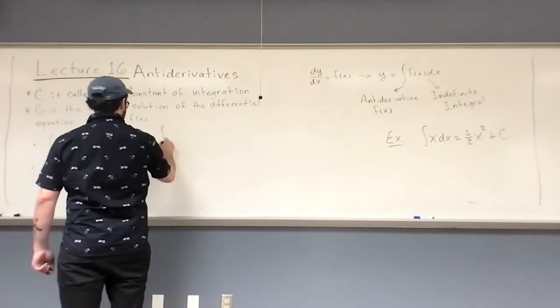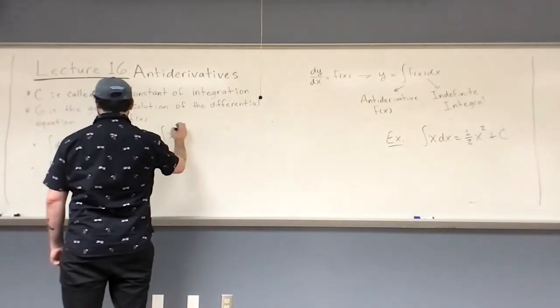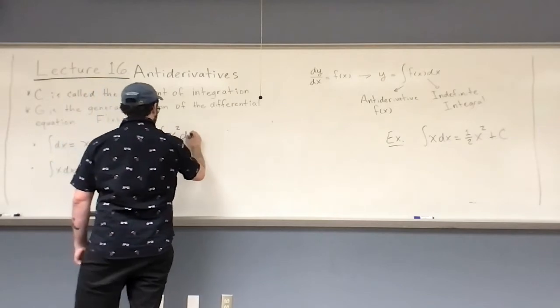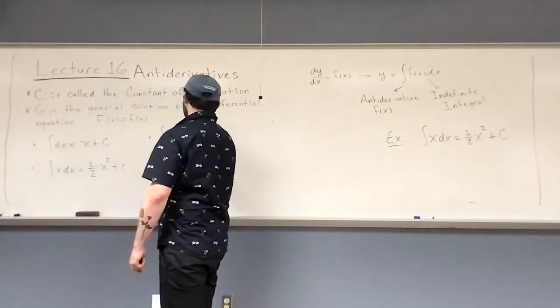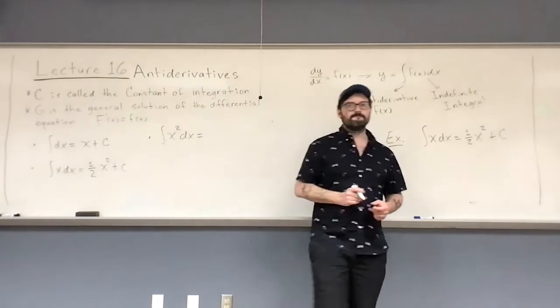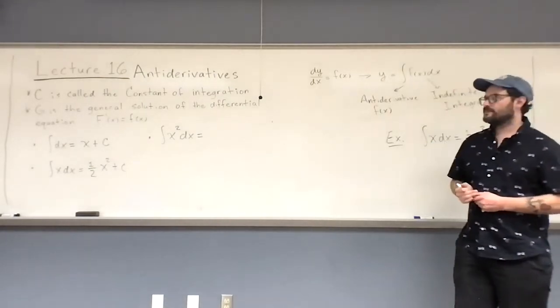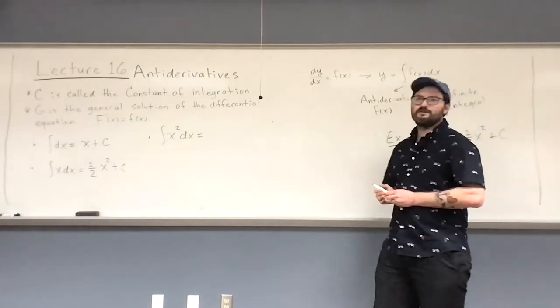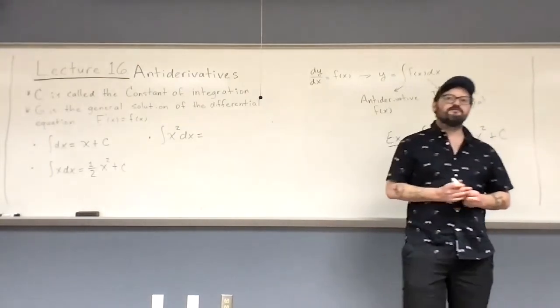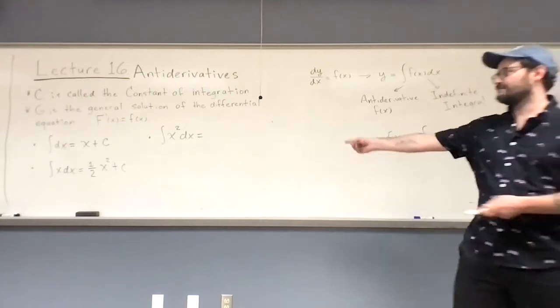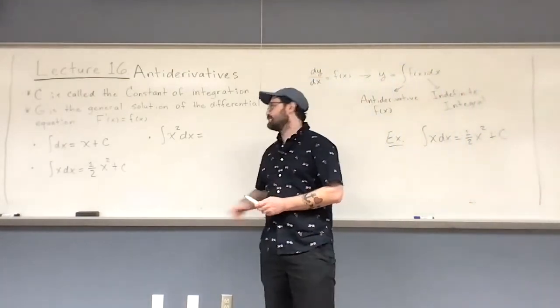What about the indefinite integral of x squared dx? What's that going to be? 2x. No, take the derivative of 2x. What do you get? You get 2. That's definitely not x squared. You want the derivative to be x squared.